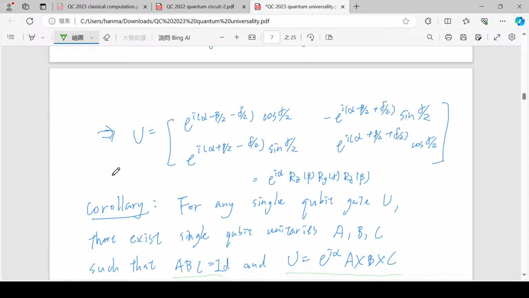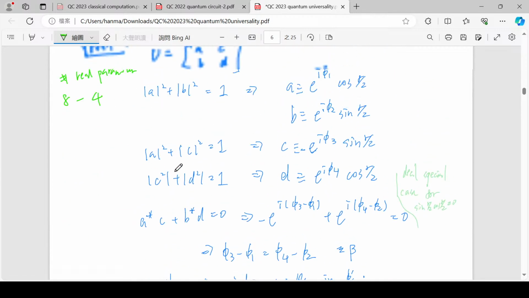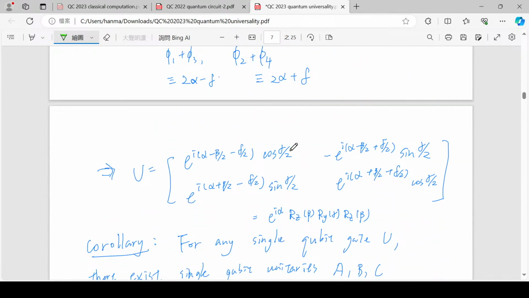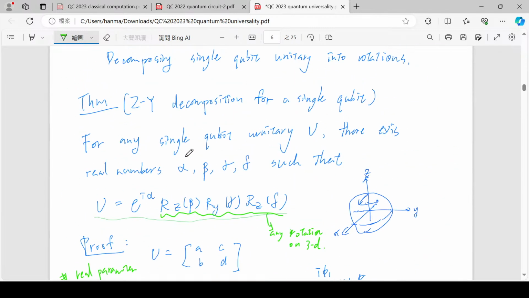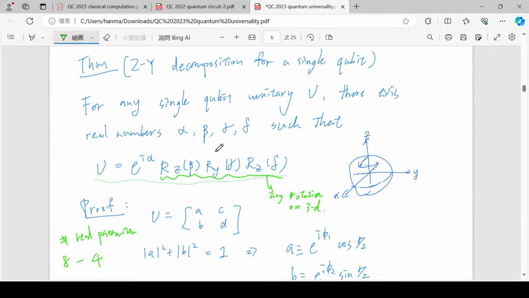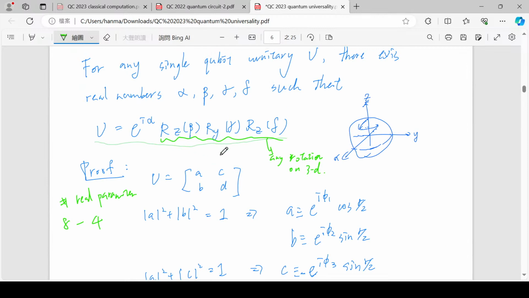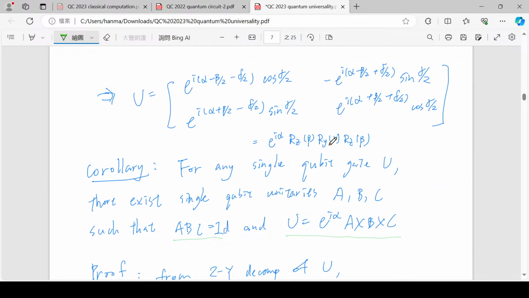And because we have been very careful to pick everything, you can check that this matrix actually equals what we claim. Yeah, you can do the hard calculation and check that this matrix is e to the i alpha times some rotation.